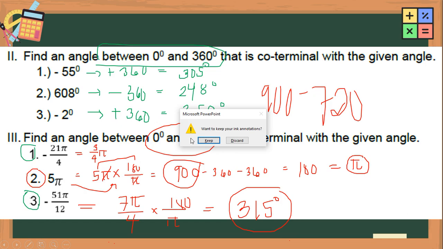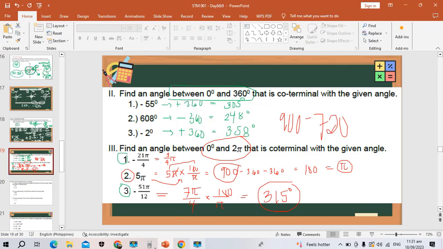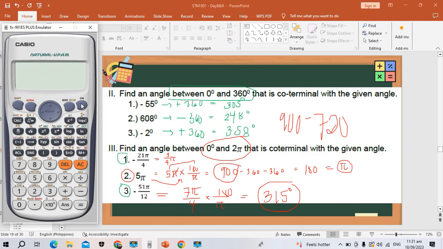So, ulitin natin. Since negative yan, ilagay mo negative sa taas, shift pi, 51 pi, tapos sa baba niya, mayroon siyang 12. Magpa-plus ka kasi negative yung tanong ng 2 shift pi.